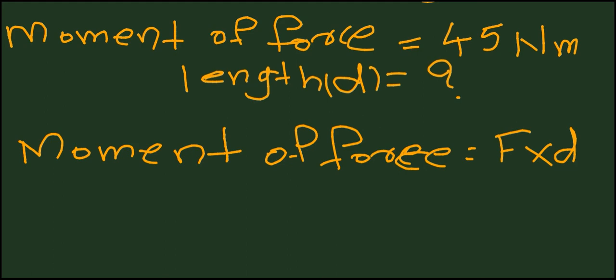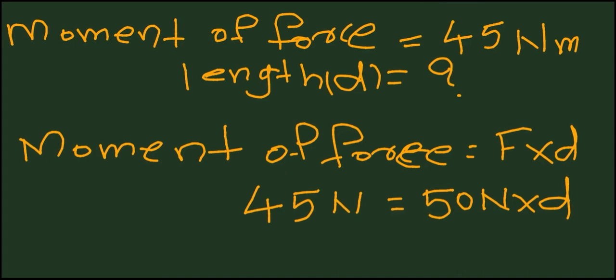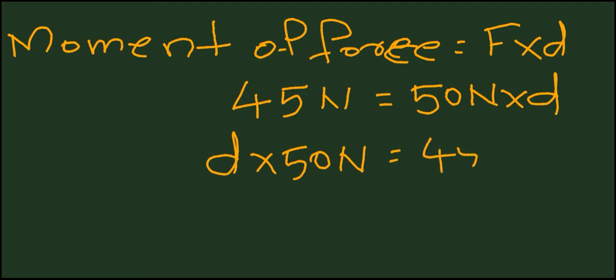Moment of force we have already found out, that is 45 Newton meter is equal to 50 Newton multiplied by D. Okay, students. Then what is D? This can be written as D into 50 Newton is equal to 45 Newton meter.